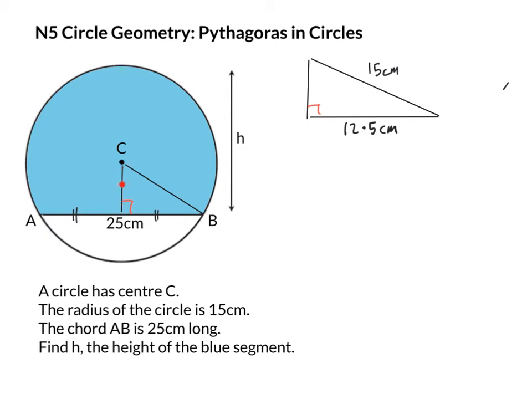This is an unknown, so I'm going to mark it with a letter. The letter H has already been used, so I can't use that. I'm just going to fall back to the old classic X. I can find the length of X by using Pythagoras because I've got a right-angled triangle. X squared is 15 squared minus 12.5 squared. I know it's minusing squares because X is one of the short sides.